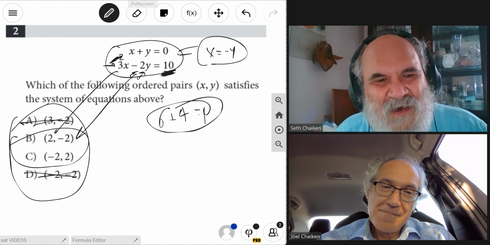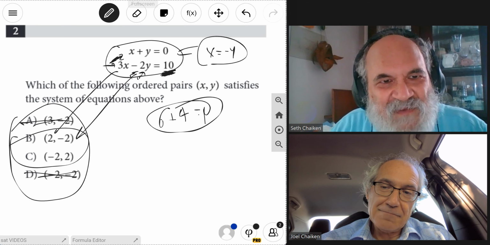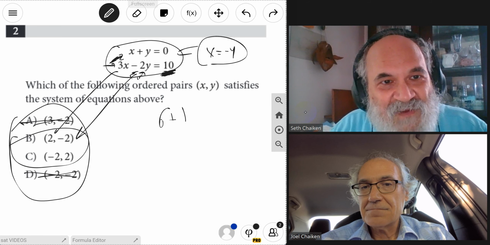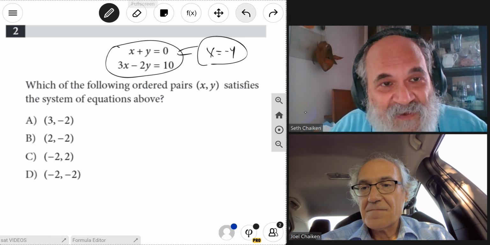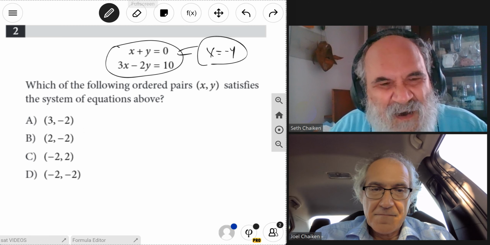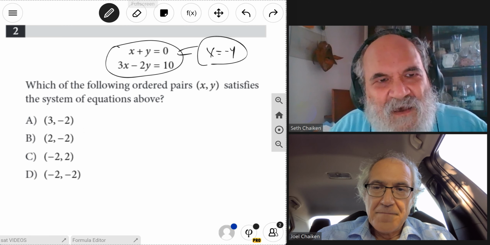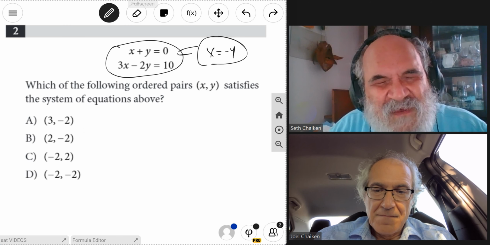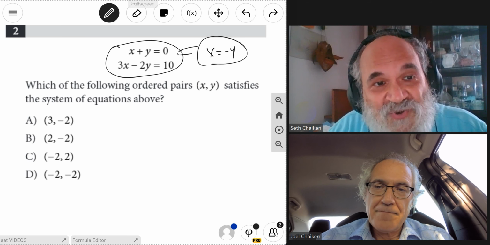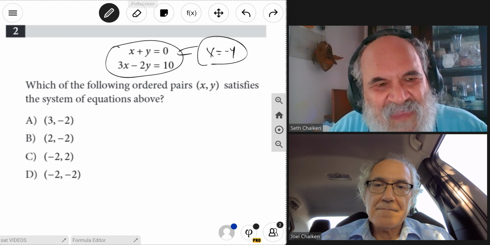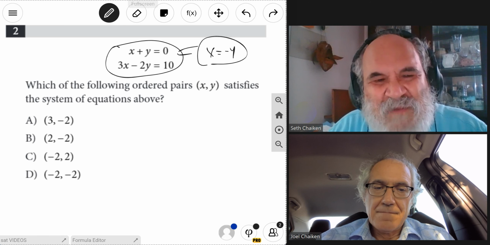Yeah, sounds good. It's nice that they lined it up this way. We see a 3x, where the sign of the coefficient is positive, and a minus 2x, where the sign of the coefficient is negative. The two possible choices have a positive sign followed by a negative, and a negative sign followed by a positive.